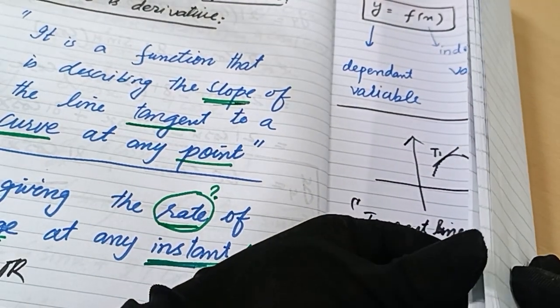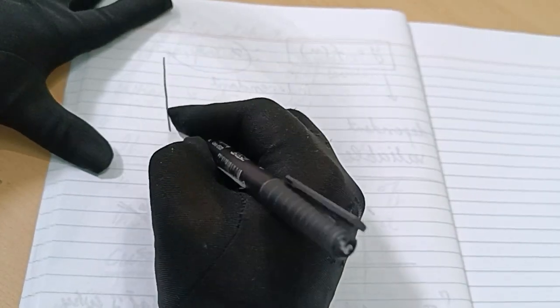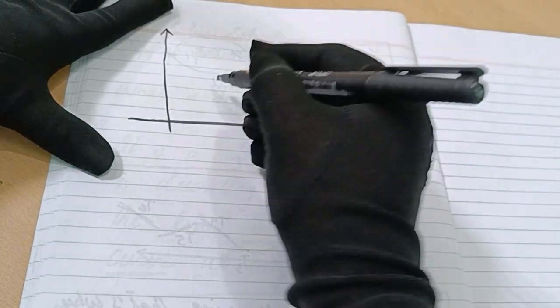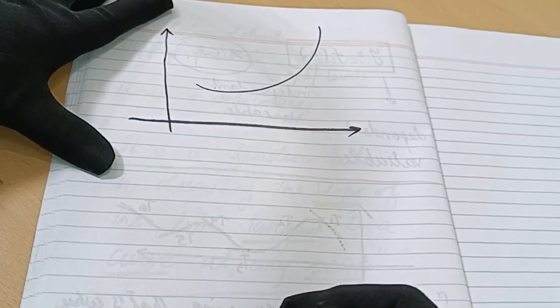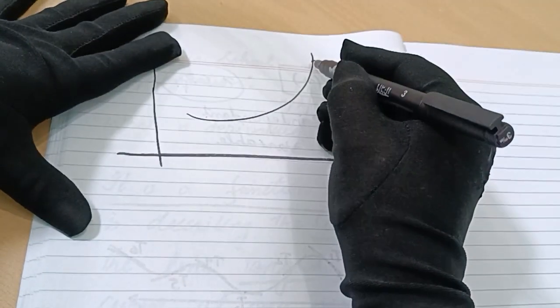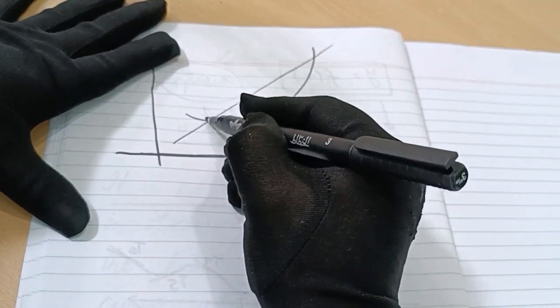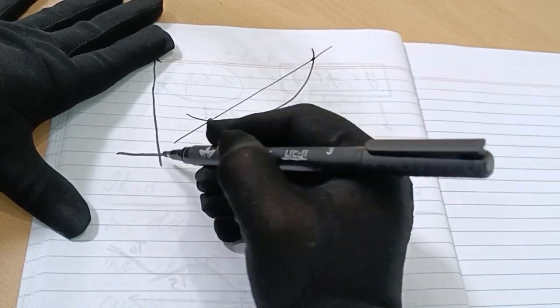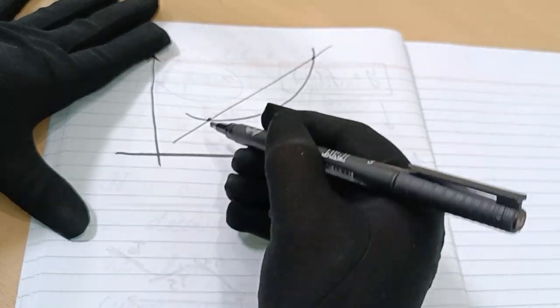Now I will do the actual interpretation of the derivative. Let's take a coordinate system, and I'm just taking any curve. On the curve we have to make a tangent line, but first we will take a secant line. A secant line is cutting the curve at 2 points.